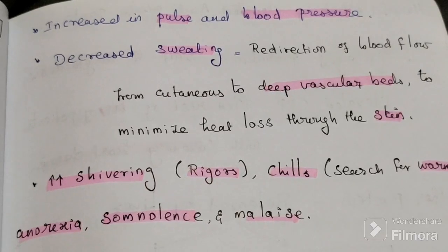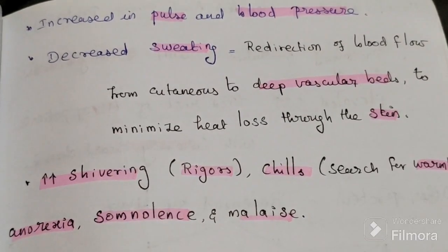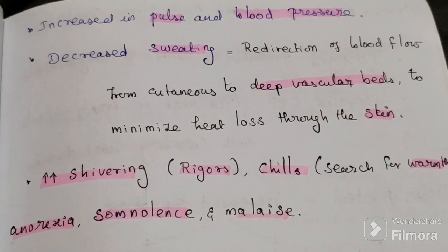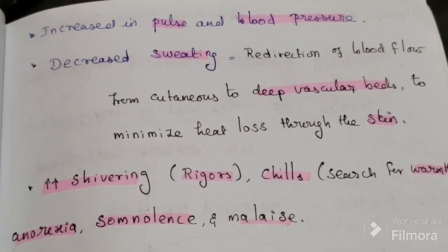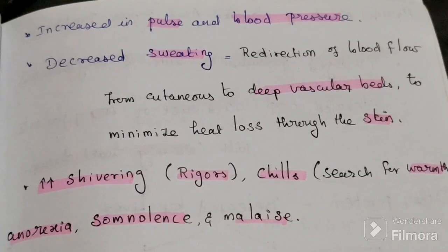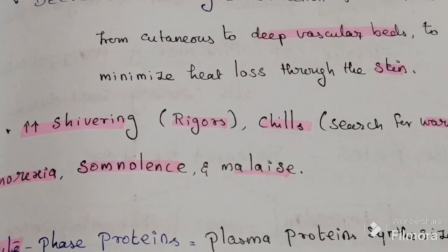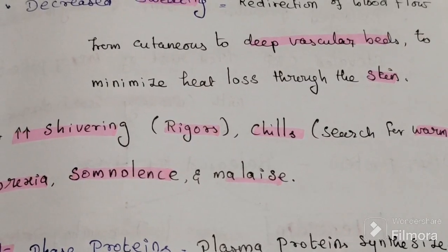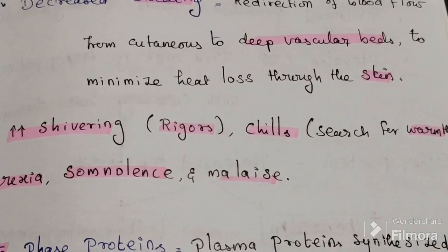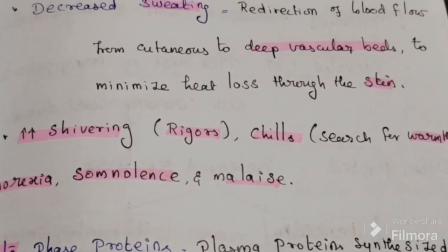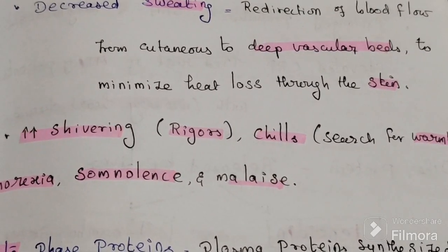They feel sleepy, they feel drowsy, which is referred to as somnolence. When a patient feels drowsy or sleepy, that condition is called somnolence. Then malaise is a vague discomfort happening to this particular patient.